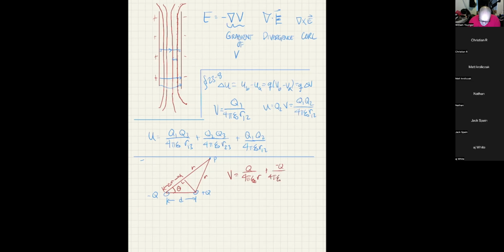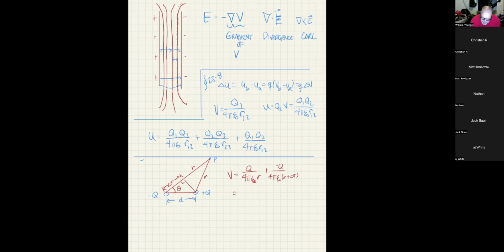Make sure I put them on the right side. Yeah, I did everything on the right side. Okay. And this one is going to be at R plus delta R. So that's sort of what we got, and they sort of look alike.